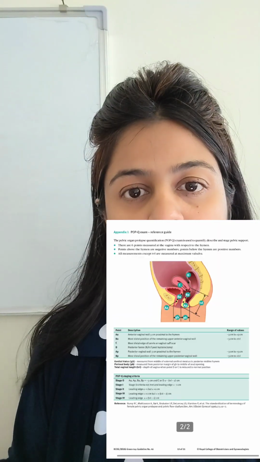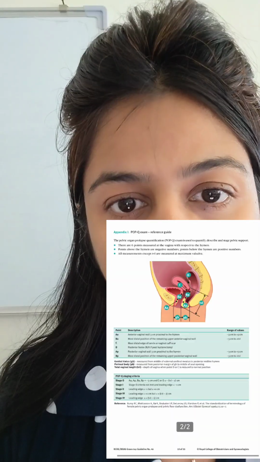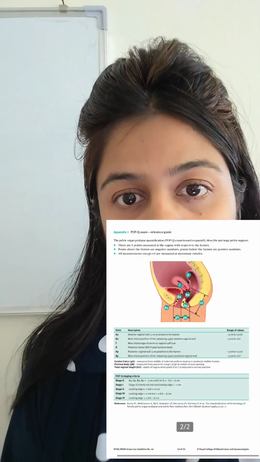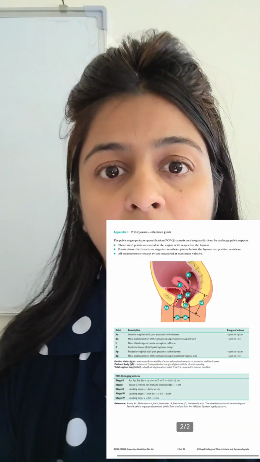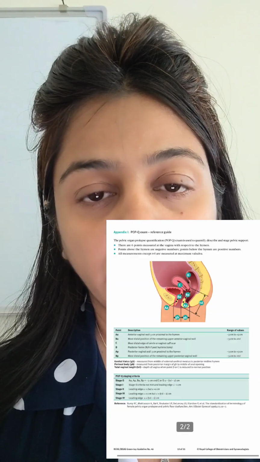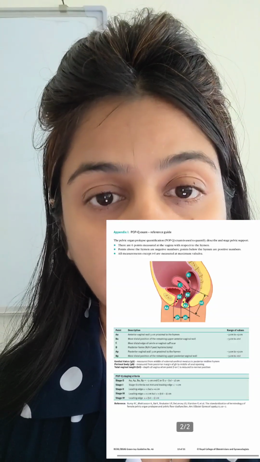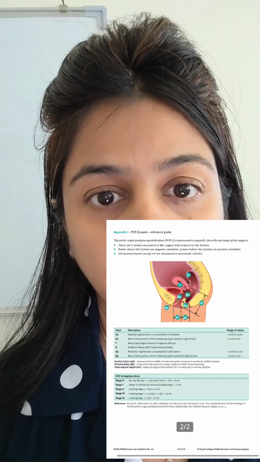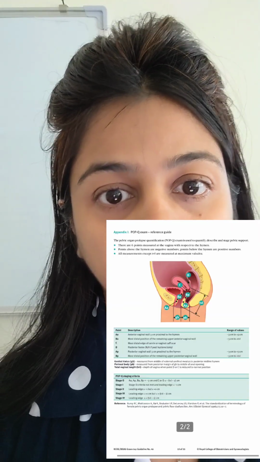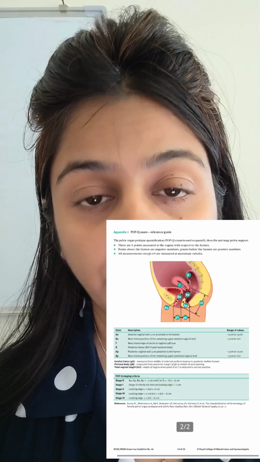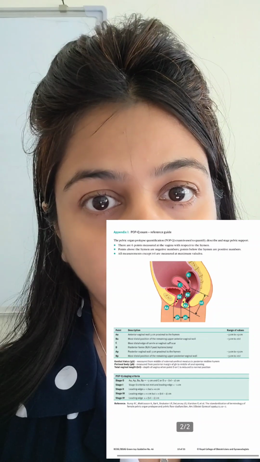And these measurements are usually taken at the maximum Valsalva when the patient is straining. We can take accurate measurements when the patient is straining at maximum Valsalva, so measurements will not vary.